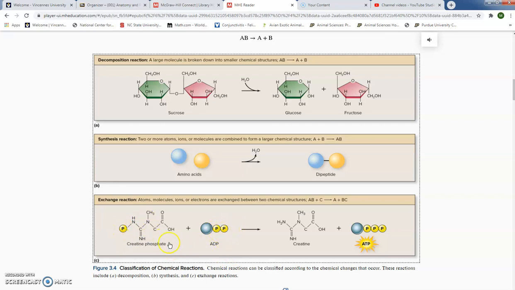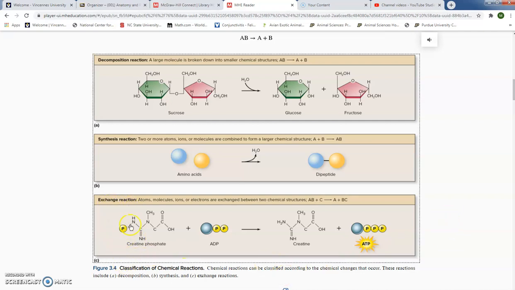So here's our two reactant molecules, and this little phosphate, the bond was broken, so that's decomposition, and then that phosphate was bonded to this ADP molecule to make ATP. So that's the synthesis part because we formed a bond. And so then we get two different products here through that process. So those are called exchange reactions.